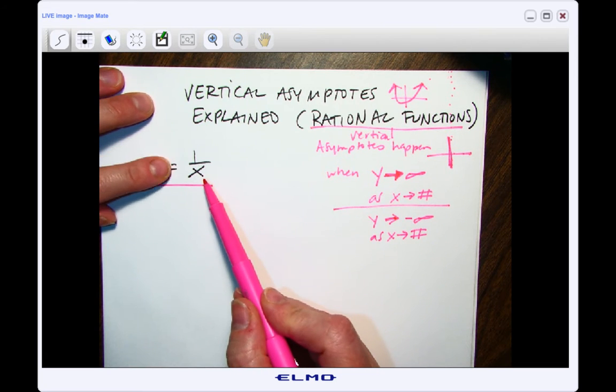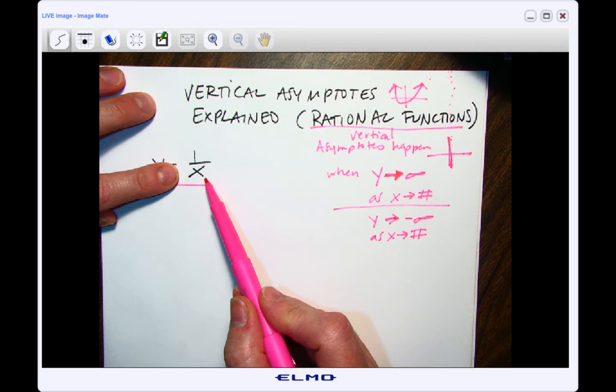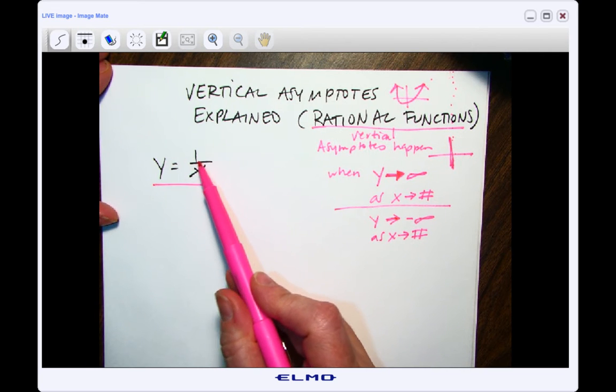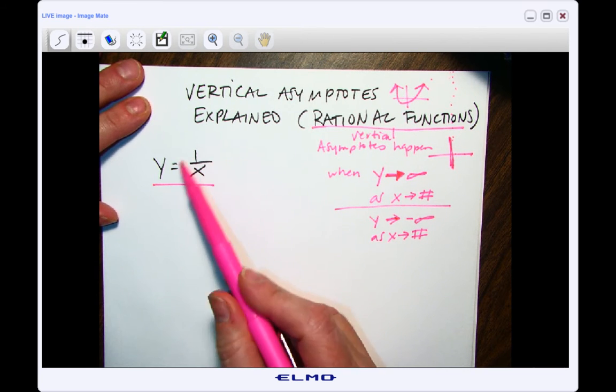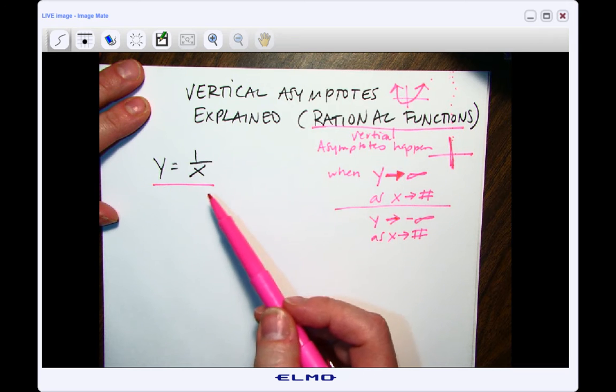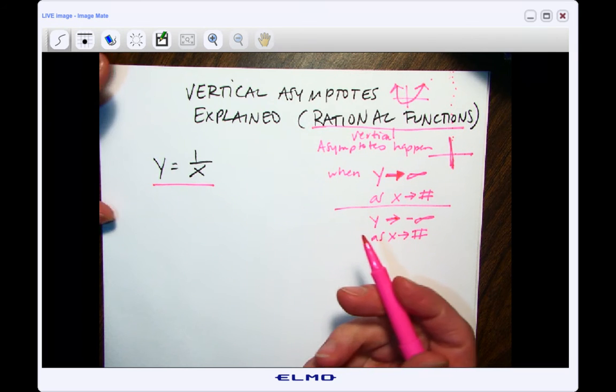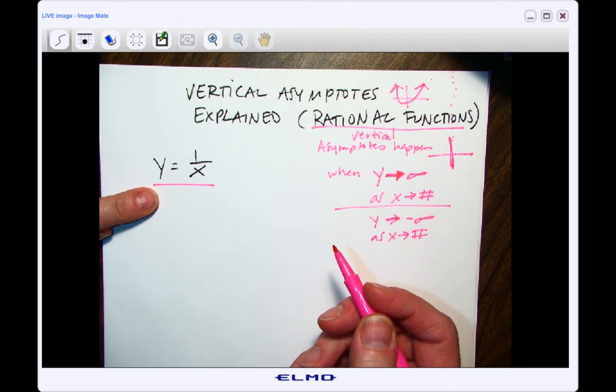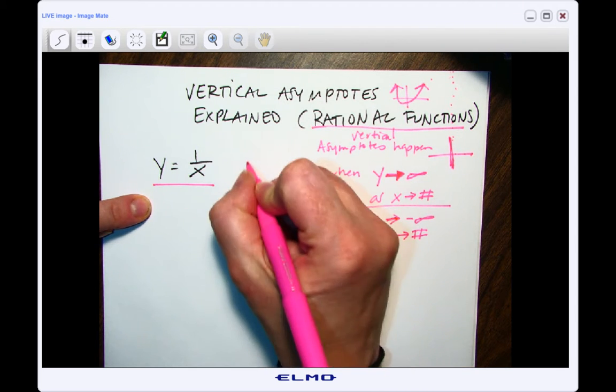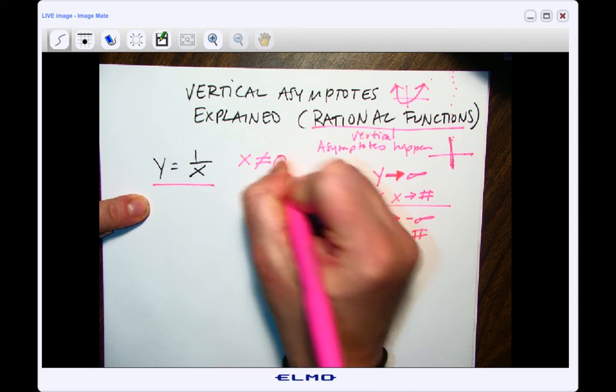Now, we talked about excluded values before, and we said that excluded values were values that I cannot plug into this function because it would make this function undefined. And hopefully everybody here is looking at this one and knows that the number I can't plug in here is 0, right? x cannot equal 0 here. And why?